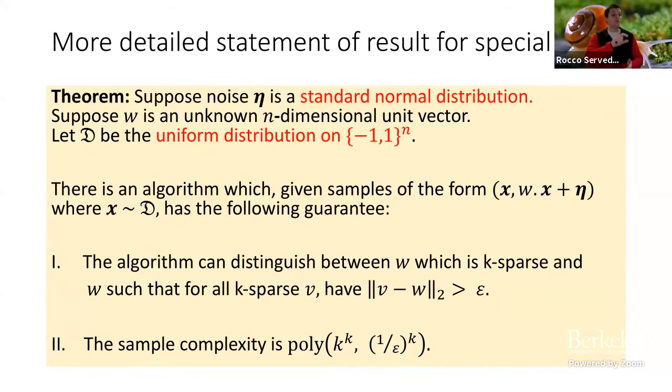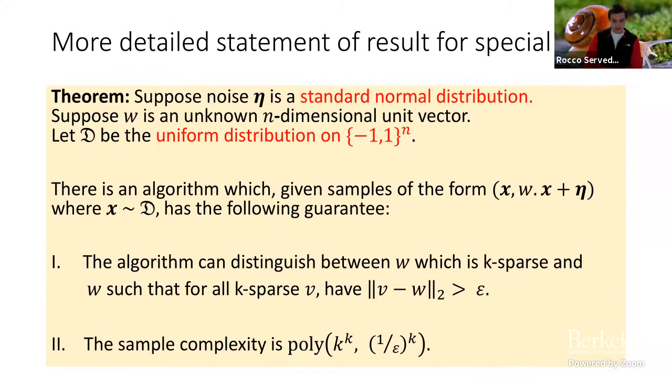Again, my distribution over the x's, over the random samples I get, is uniform over the hypercube. So this is just a restatement of the result we said earlier. We can have this efficient testing algorithm. It needs a number of samples which is independent of n. It's basically k over epsilon to the k. And it'll successfully solve this testing problem. If the function is k-sparse, if the vector is k-sparse, it'll say yes. If it's far from k-sparse, it'll say no.